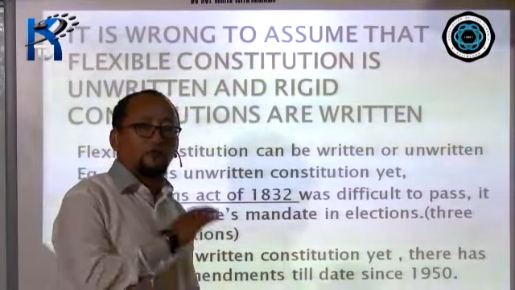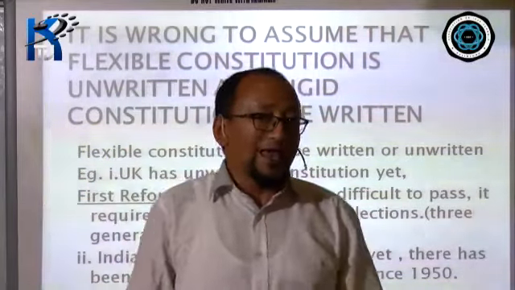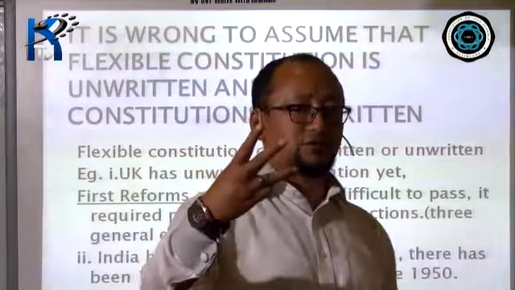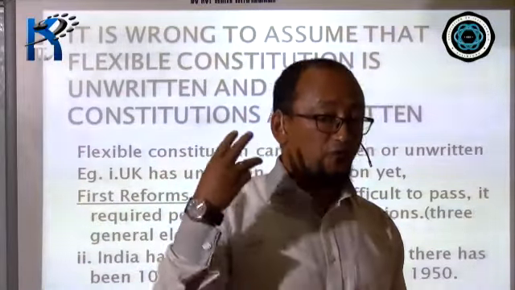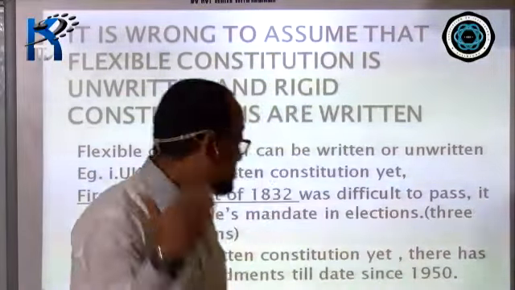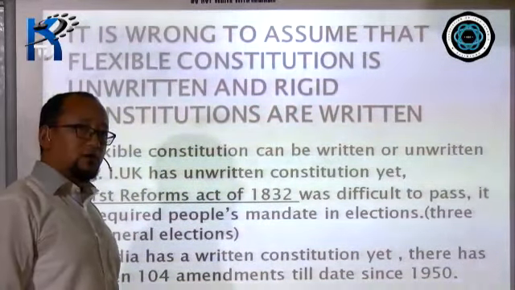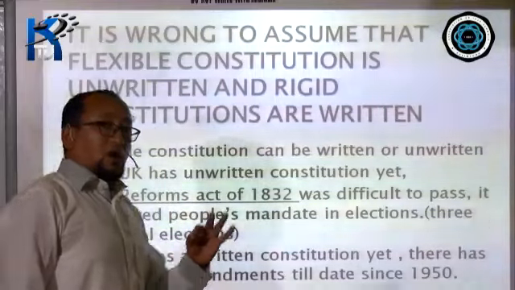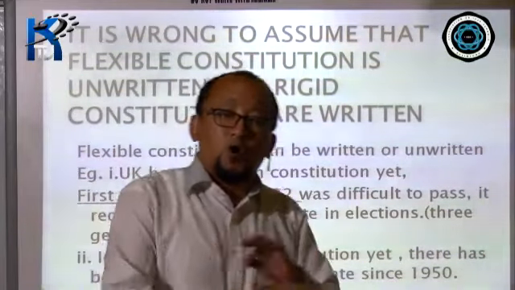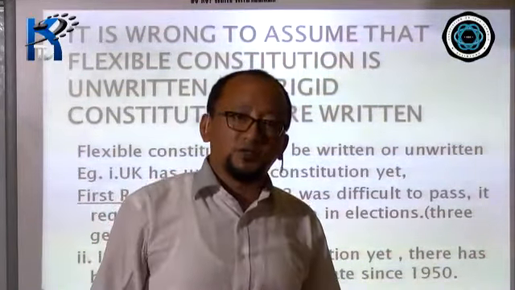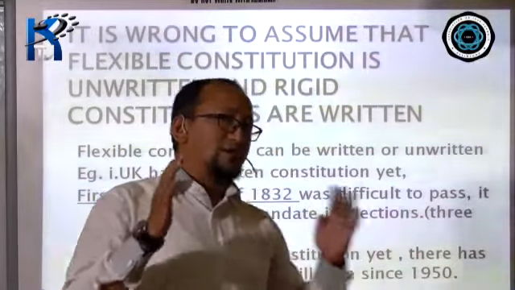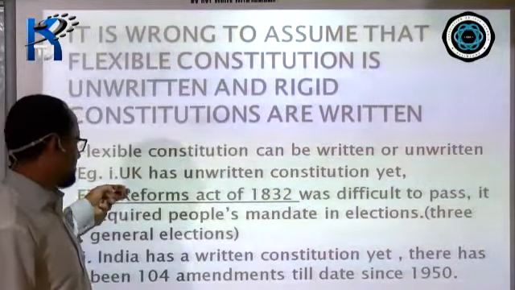It had to go through a very long process, and it had to wait at least for 3 elections. You can understand, it took 15 years to bring about this first Reforms Act. I hope you all can look at this. So something to remember, unwritten constitutions are not always very flexible. Remember this in reference to the United Kingdom.